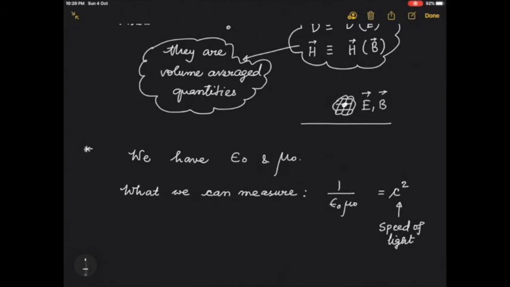So the measurable quantity is epsilon naught times mu naught. This has a dimension of L minus 2 T 2, the inverse of the speed squared, and that's what you can measure. These quantities separately cannot be measured.